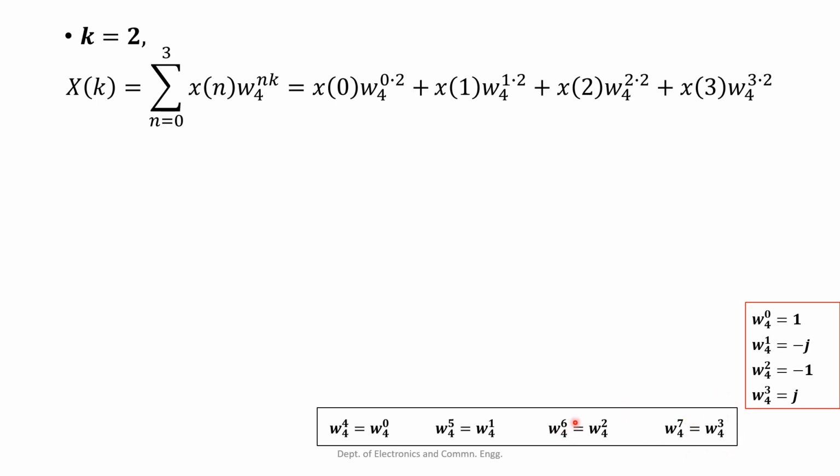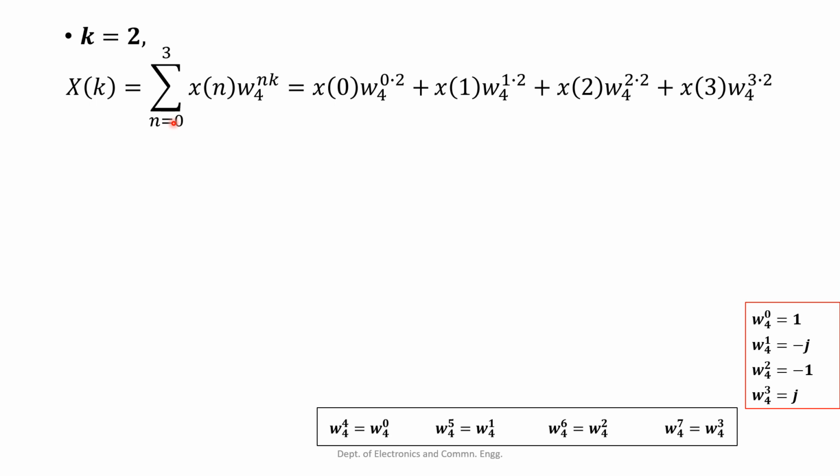After omega 4 power 6, then it is 7, then 8 and 9. Then omega 4 power 9 will become equal to omega 4 to the power of 1. You can continue and identify that value. By making use of that, we have made this complete calculation.